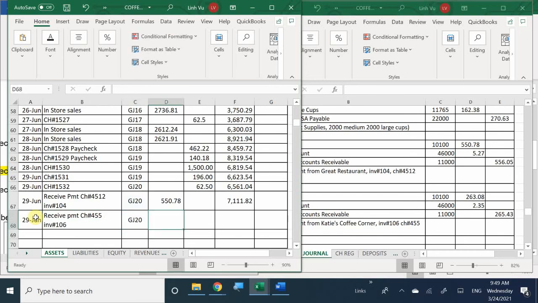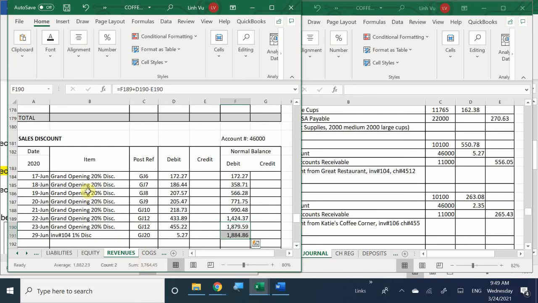And we received a check for the 263.08. Bringing my ending balance to be 737,490. Perfect.